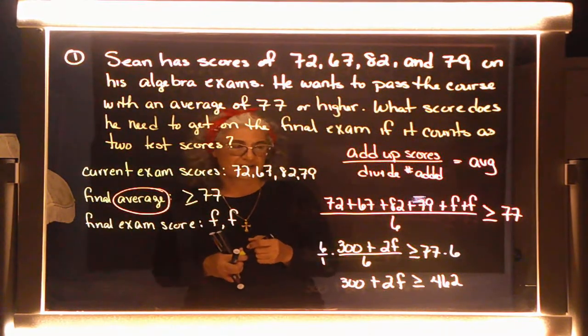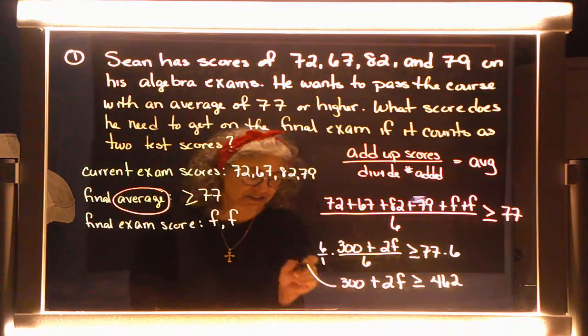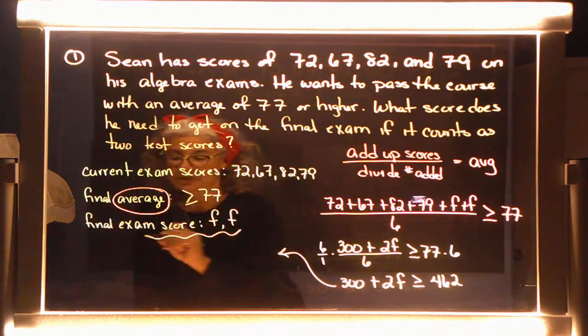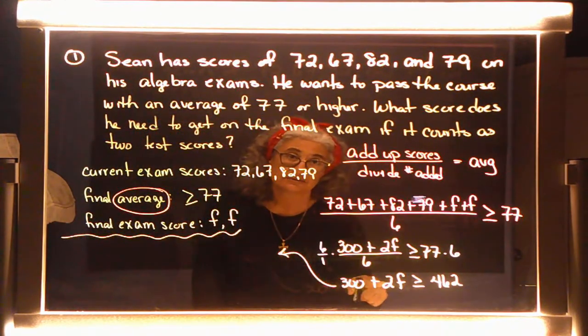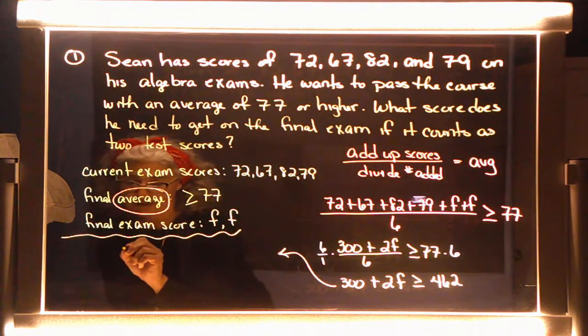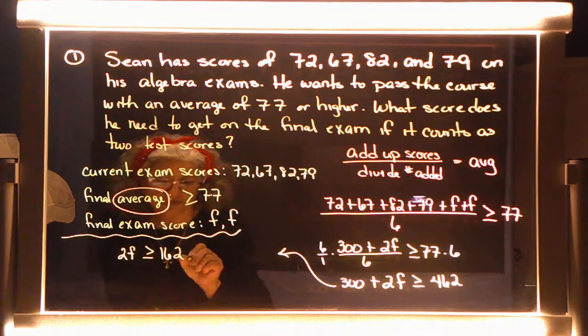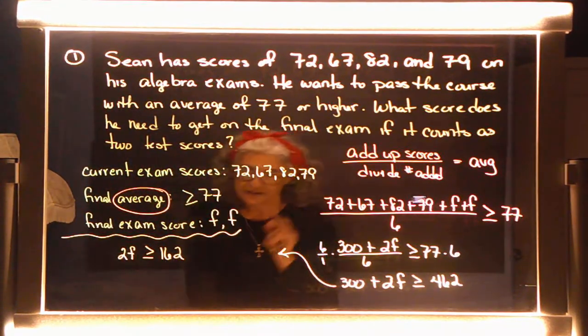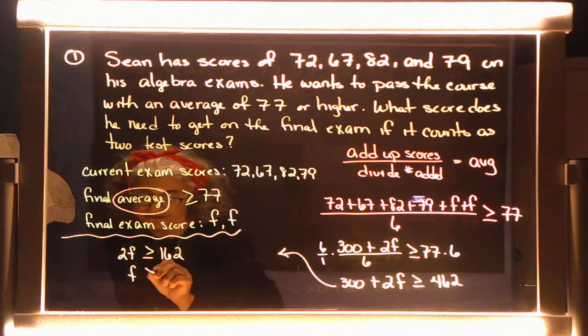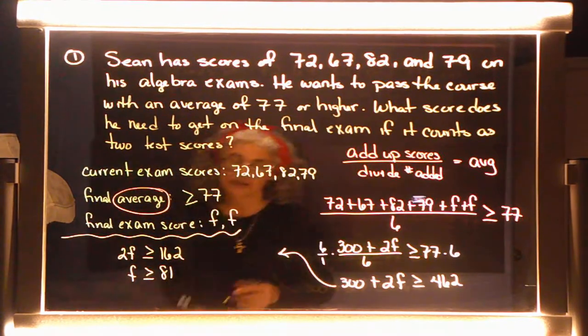Excellent. And I'm running out of space there, so I'm just going to continue my work over here. So, now what? Move the 300 over. So we have 2F is greater than or equal to 162, and then divide by 2. And it's a positive 2, so the inequality sign will not get flipped.